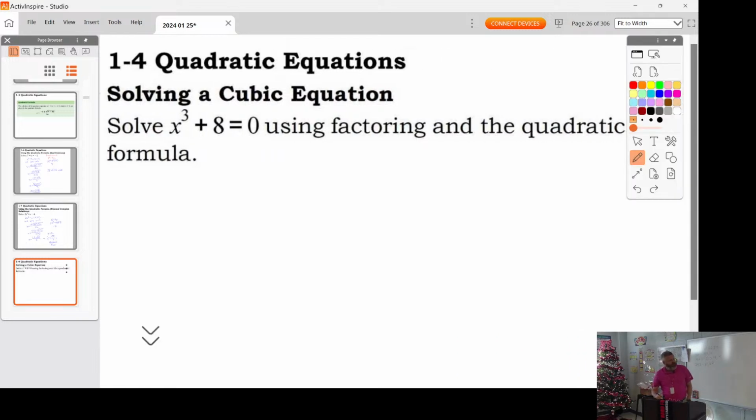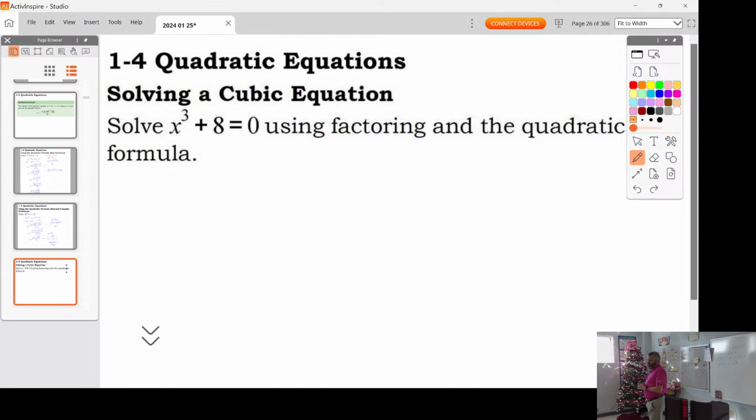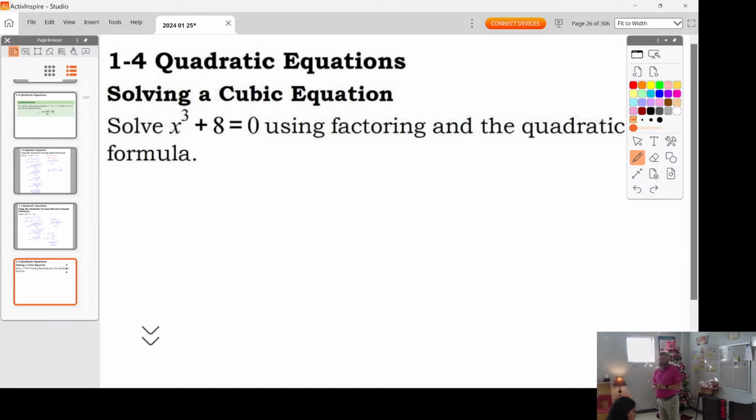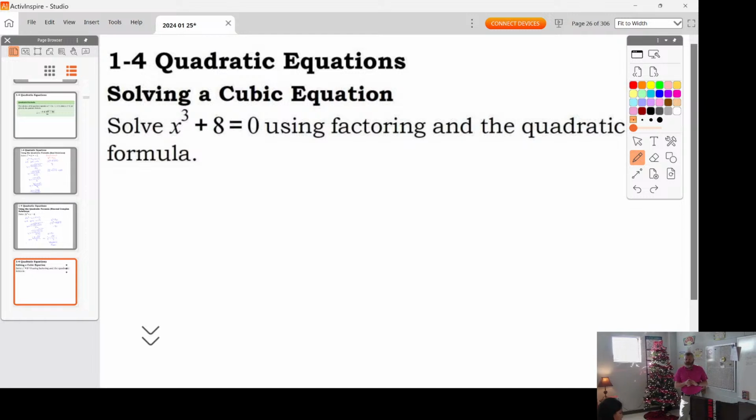Solve x cubed plus 8 equals 0 using factoring and the quadratic formula. What does x cubed plus 8 look like to you? Okay, headache.